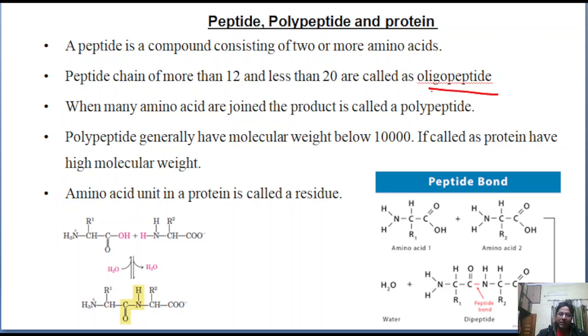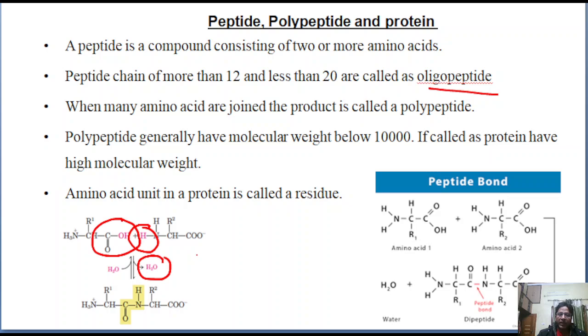So how is this peptide bond formed? This peptide bond is formed by the removal of a water molecule: the hydroxyl group from the alpha carboxyl group, and the hydrogen from the amino group of another amino acid. So there is a removal of a water molecule, and this is an example of a condensation reaction.